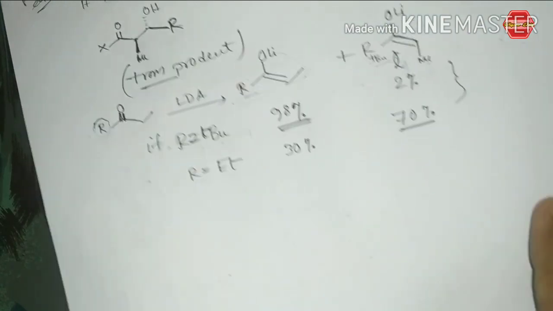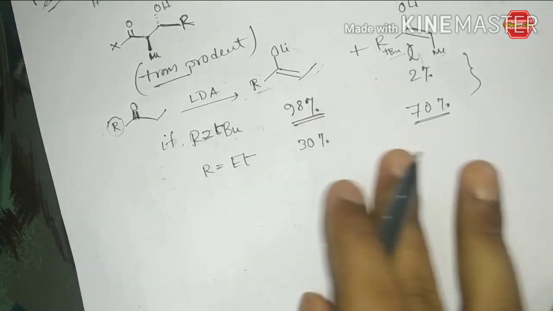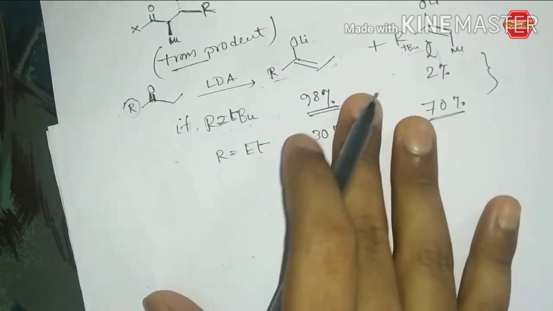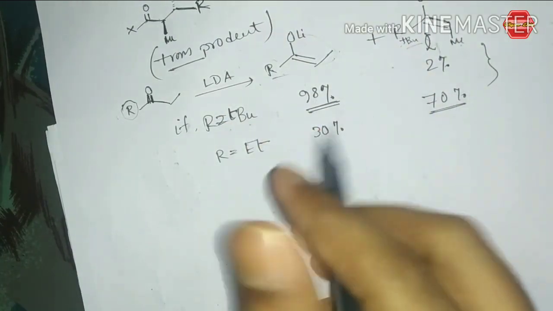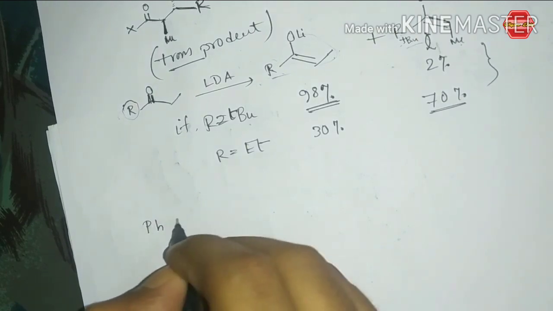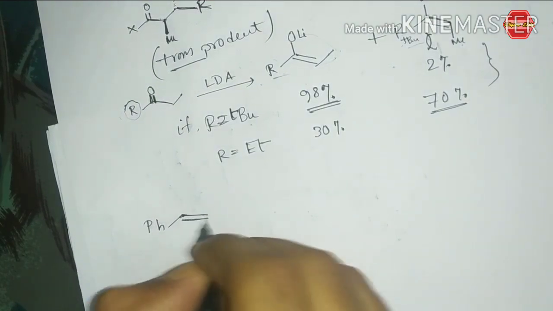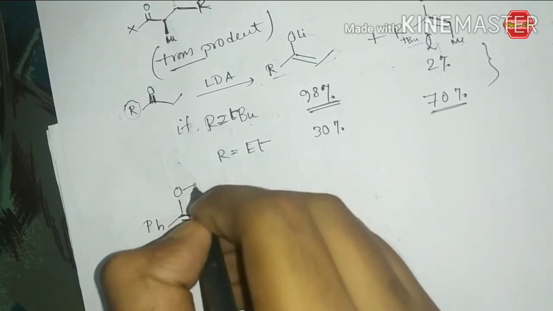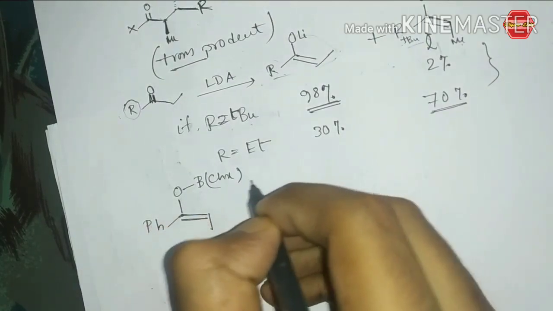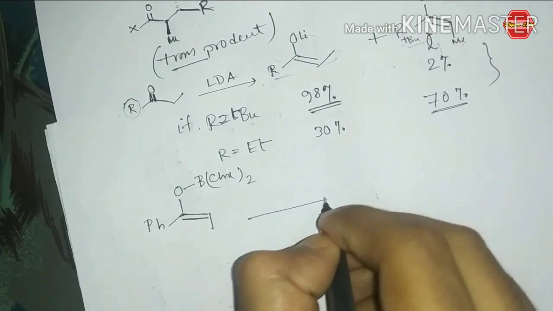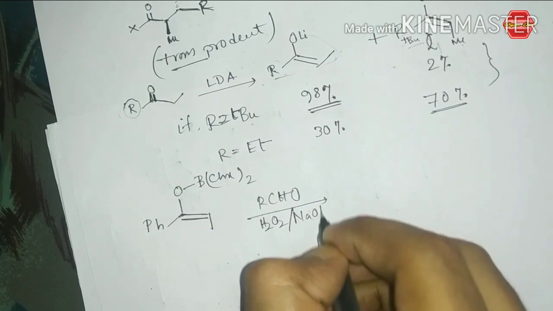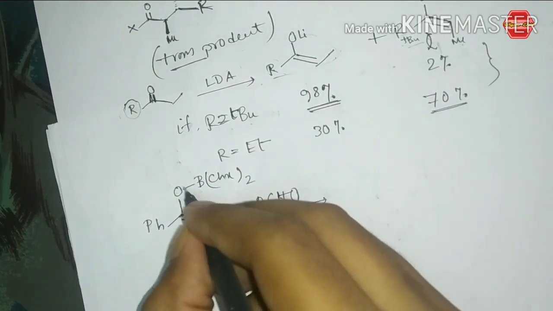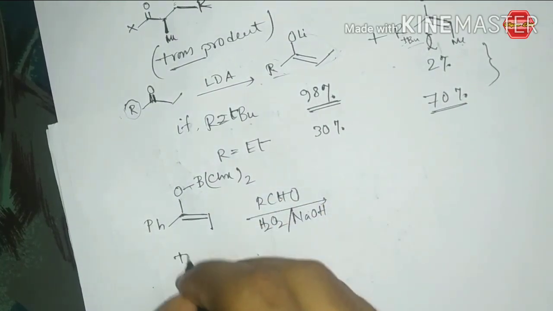Okay, now you can see the cis enolate here. Now, I am writing another example also, this one equal to this kind of structure, with CHO and H2O2, NaOH. Now see, these two are trans, so this is from the trans enolate.